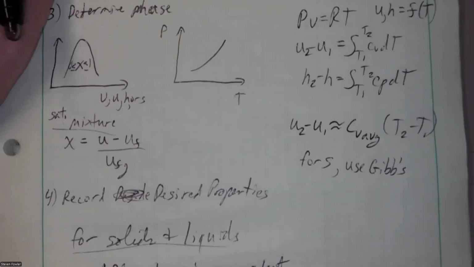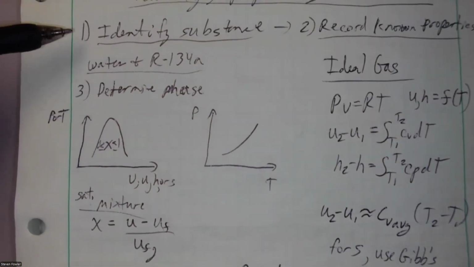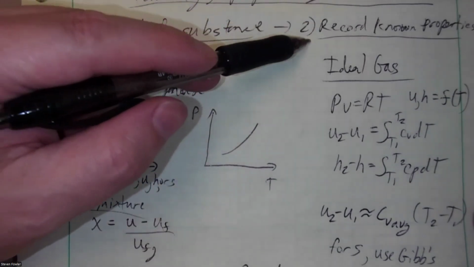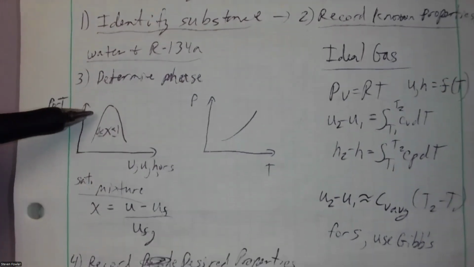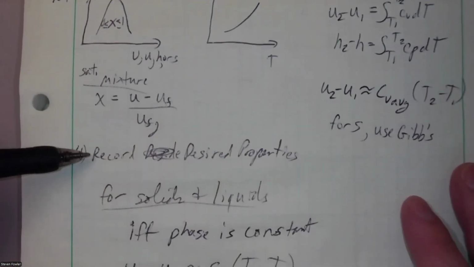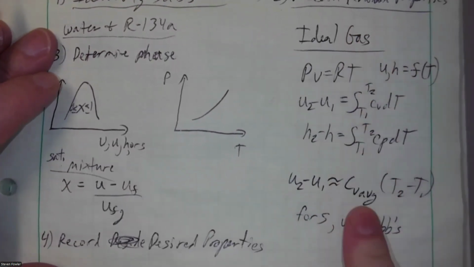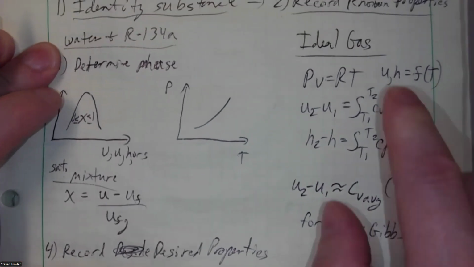So again, it hasn't changed much for water and R134a. What is your substance? Record known properties, determine the phase, use the phase to figure out which table, which row, record desired properties. We have added some complexity now. We understand we can use ideal gases, but the same basic process.